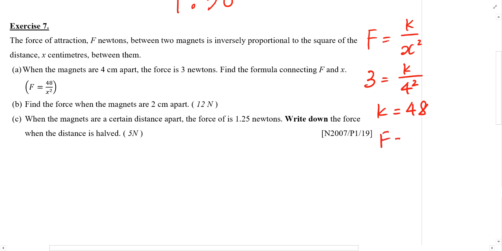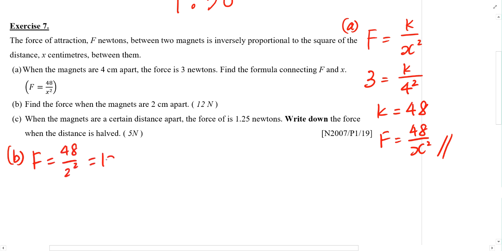So F equals 48 over x squared. Easy for part A. Now part B. Find the force when the magnets are 2 centimeters apart. Also another easy question. Just sub only. 48 over 2 squared, giving us 12 newtons.